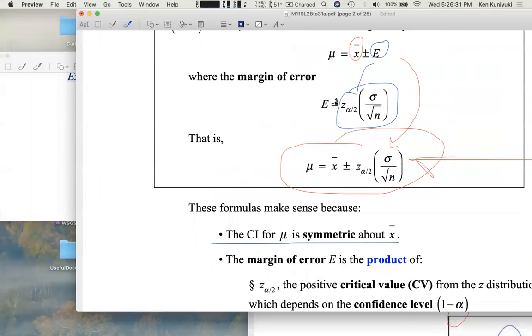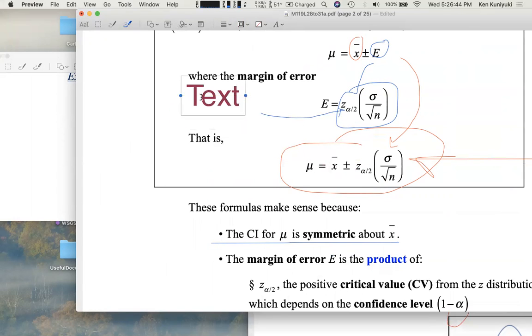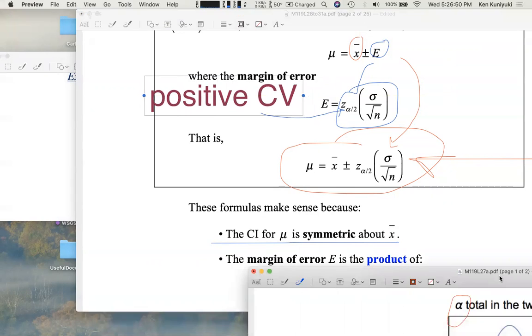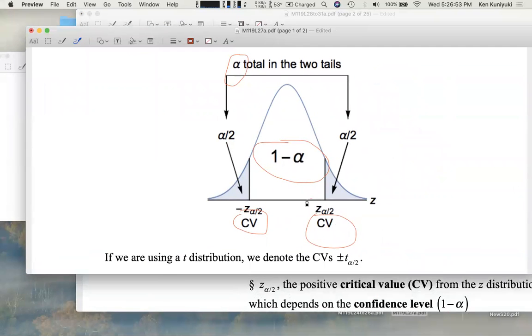And what's the deal with this formula for the margin of error? Well, take a look. We have this z-score. Notice that notation: z sub alpha over 2 is the positive critical value, the positive CV. So generically, it's over here, the positive critical value for the z distribution.